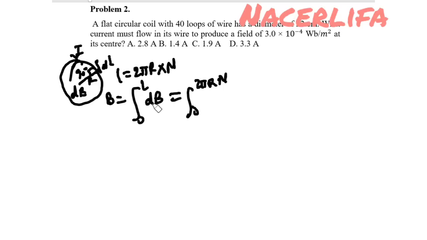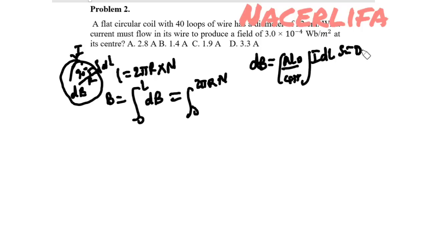And the B is given by the Biot-Savart relation we are talking about. This is mu naught upon 4 pi, I dL sine theta upon R squared. So this is the Biot-Savart relation.